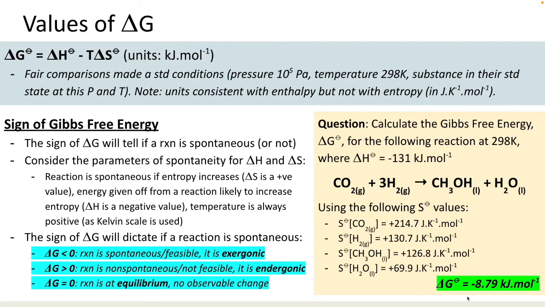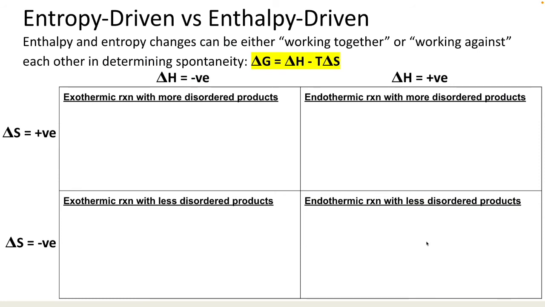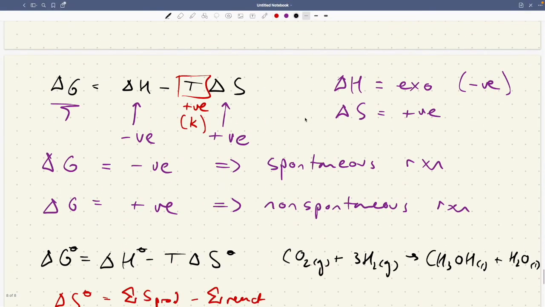Nice one. Let's talk more about these signs for delta G, and the concept of entropy-driven reactions and enthalpy-driven reactions. Because enthalpy and entropy can either be working on the same team, or working against each other. We talked about our example up here, where if they're both working together, the delta H is negative, so we're creating more disorder.